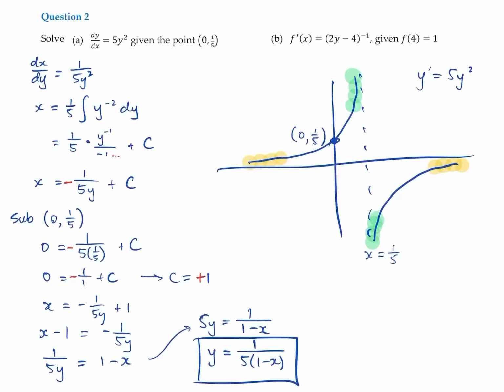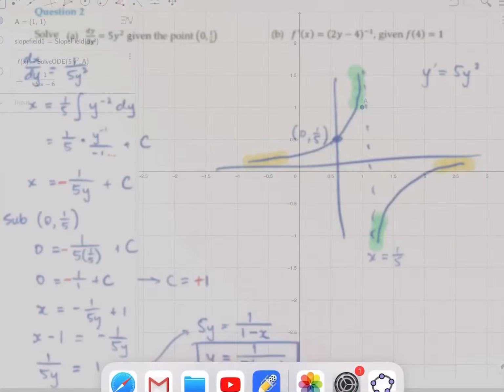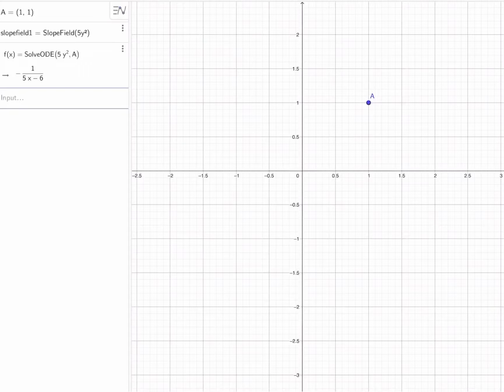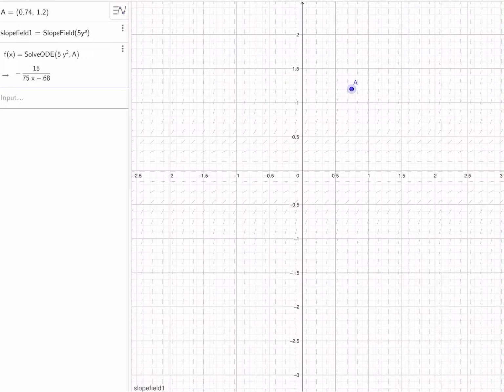Okay, I'm going to show this in GeoGebra, not going to take long. I've got a point A here that I can move around, and I've got a slope field for this particular equation, 5y squared.